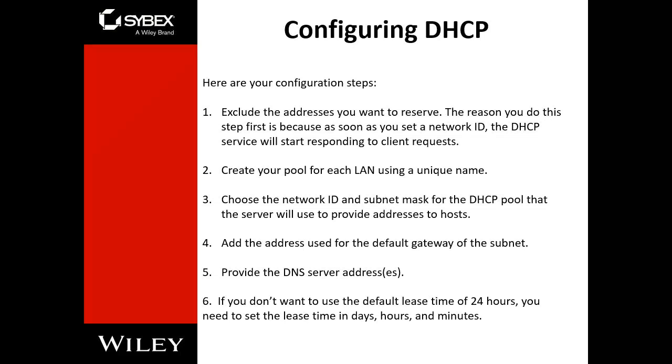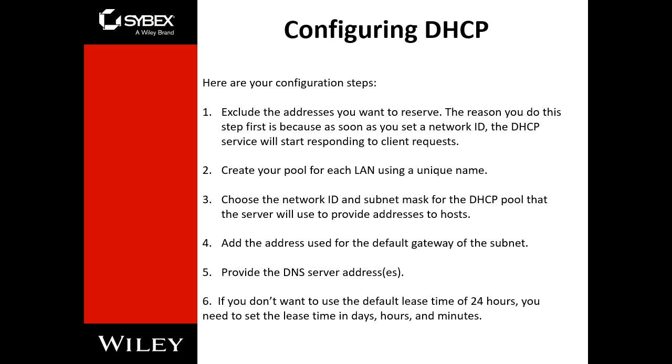DHCP. Now we've talked a little bit already about DHCP, and as you all know, DHCP is short for Dynamic Host Configuration Protocol. The purpose of DHCP is to provide workstations that do not have statically assigned IP addresses and gateway addresses. It allows us to dynamically provide those devices with this information so that they can subsequently communicate on the network.